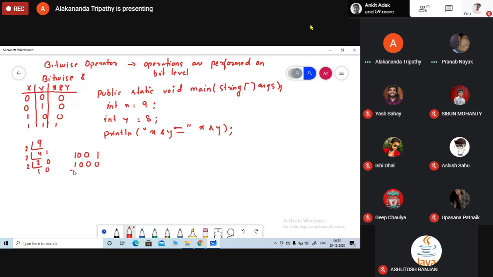So we perform the AND operation. 1 and 1 is 1, 0 and 0 is 0, 0 and 0 is 0, 1 and 0 is 0. So, 0 1 2 3, which value do we find? 2 to the power 3, 8. So the output will be x AND y equals 8. All of you clear with this point?